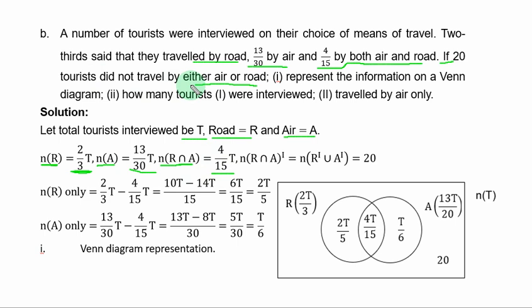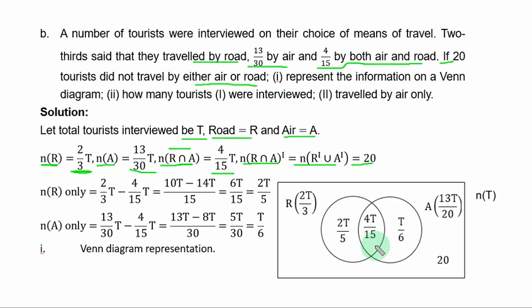Now, those that travel by road and air is the intersection. So those that did not means the complement of the union, which is the same as this by De Morgan's law of set algebra, and that number is 20.